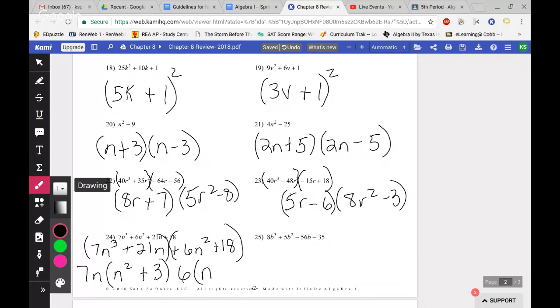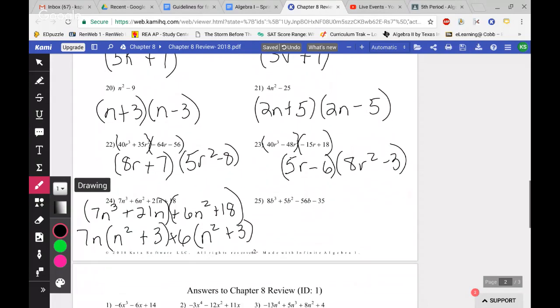And I would have n squared plus 3 left. So what do they have in common? n squared plus 3. And what's left? 7n plus 6. So there's my answer.